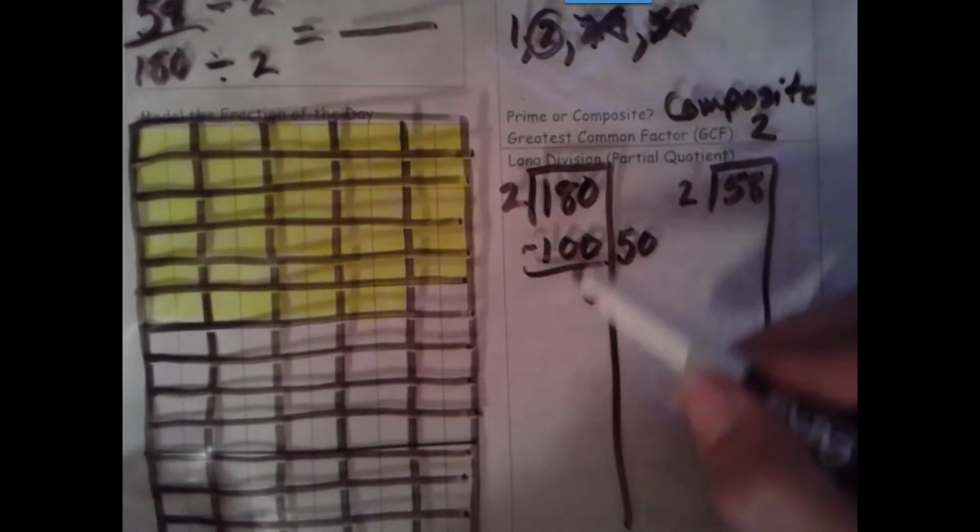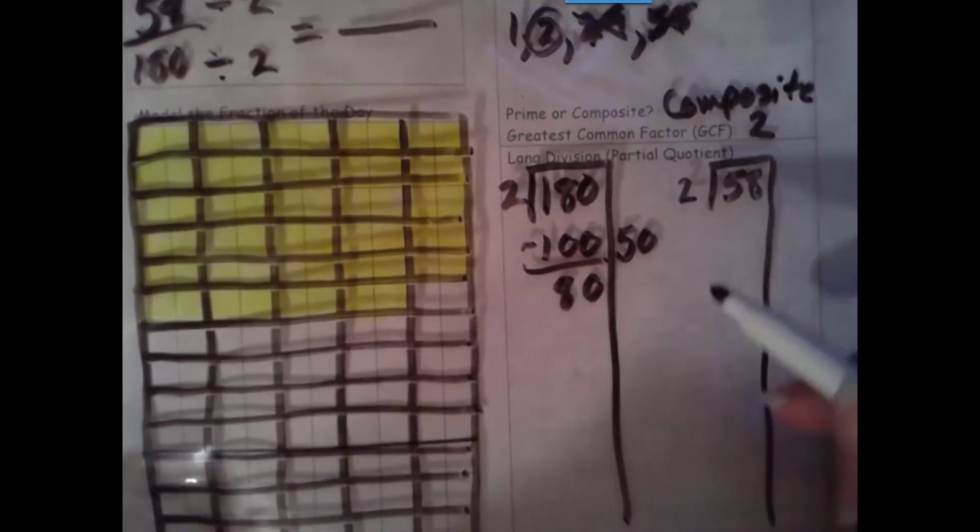Numbers the same, zeros the game, more on top, no need to stop. Let's see, 20 times 2, placeholder moves it over a place, 2 times 2 is 4. 20 times 2 is 40. Add my partial quotients together. 0 plus 0 plus 0. 5, 6, 7, 8, 9.